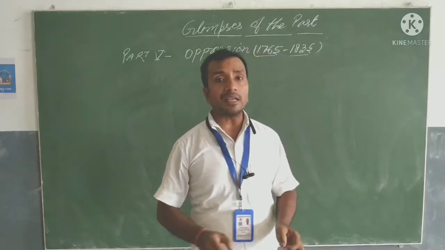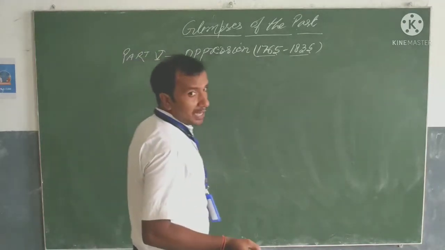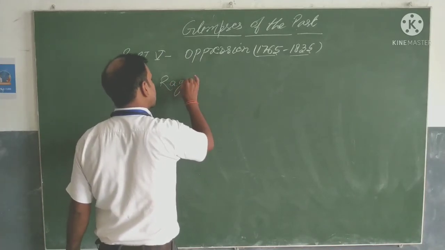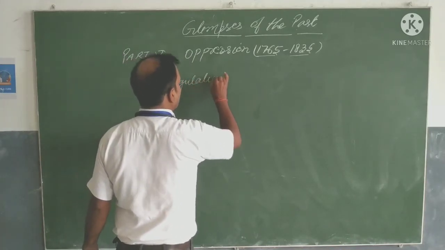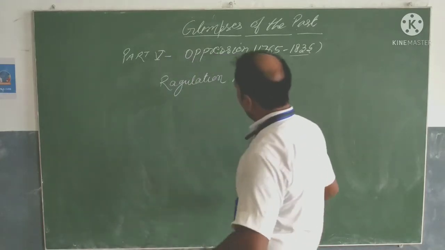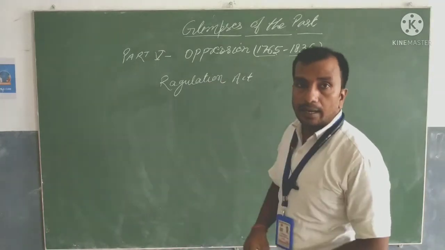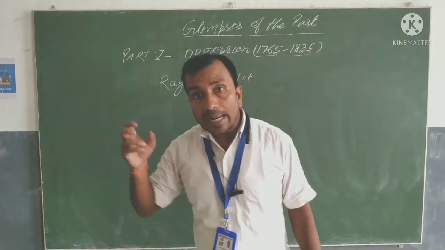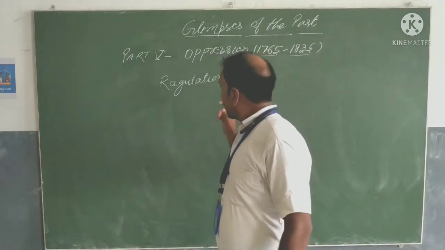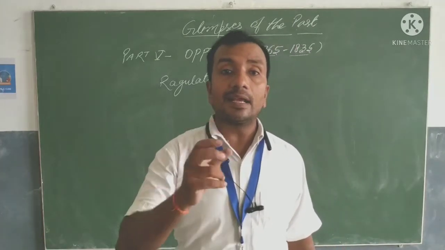So they passed a rule known as the Regulation Act, or you can say the Rowlatt Act. With the help of that rule, the British could arrest anyone without any crime, without any accusation, without any legal notice.